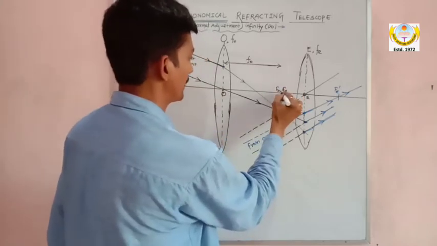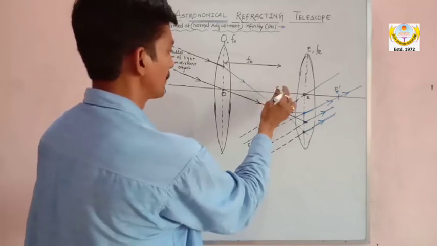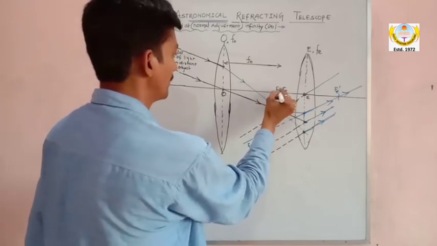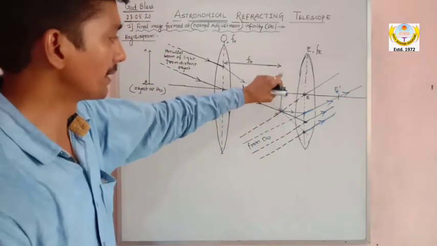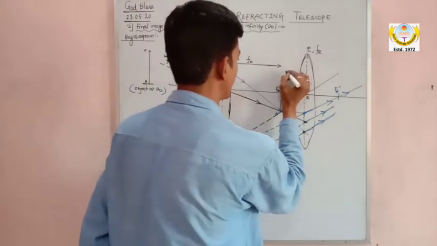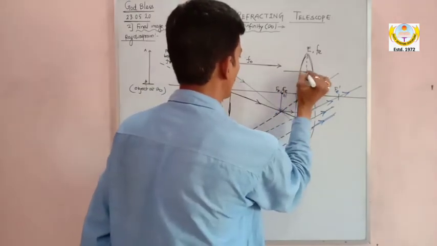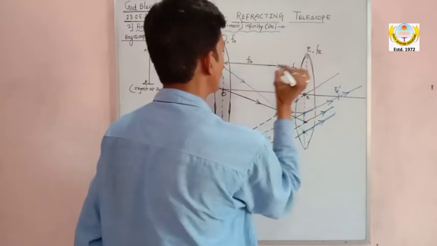This point is a common point where you can see both Fo and Fe. That is, at this point it is Fo also and Fe also, and here I can mark this distance from here to here. You all can see this distance is Fe.